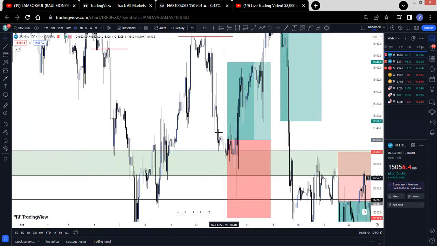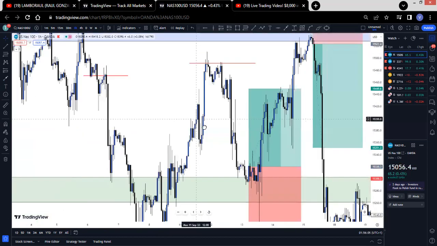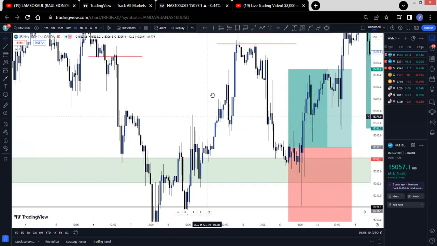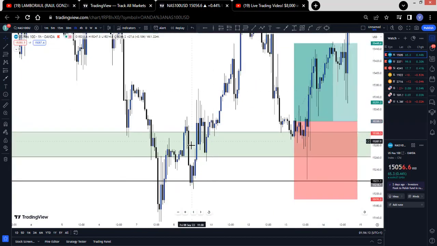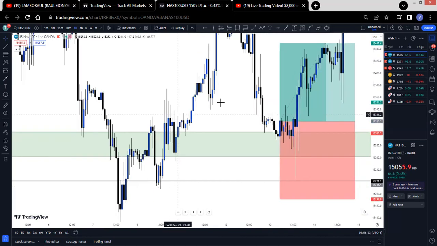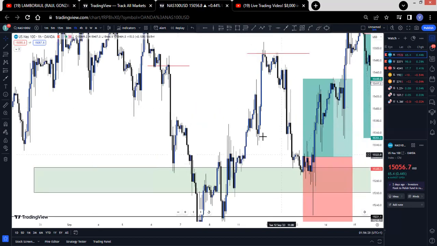Another example would be this. Although the stops should have been massive, this is the kind of candle we want to find.